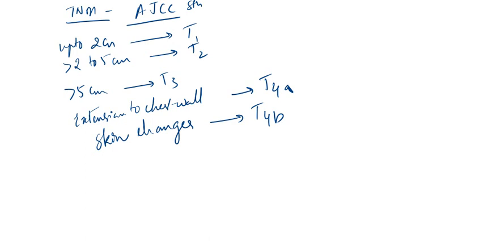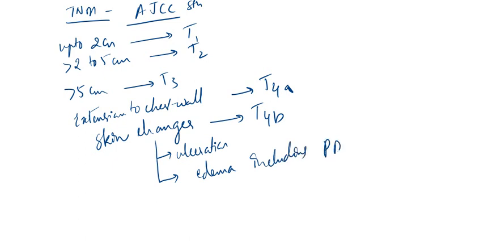Now what are those? For example, it should have ulceration, then edema including peau d'orange, or it would have satellite nodules in the same breast only.